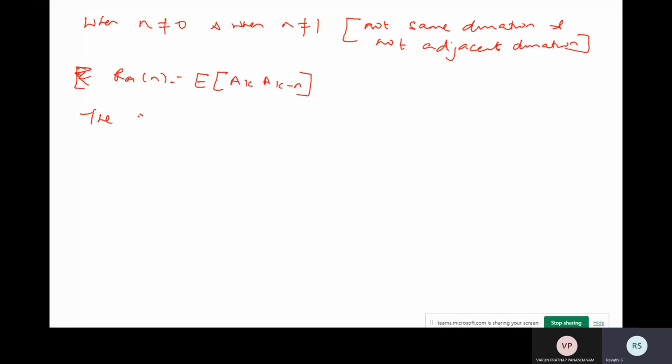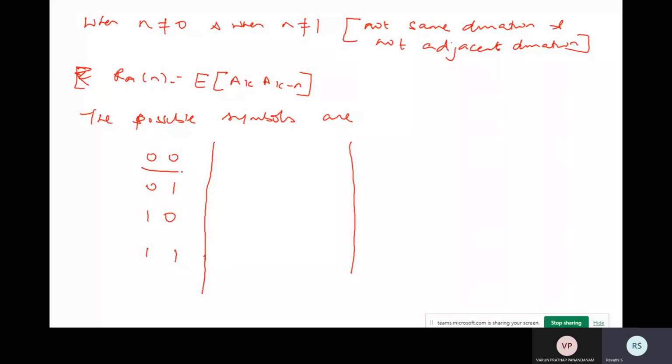So how many possible combinations will you have? The possible symbols are 0, 0. Okay, here again let me write it as a table. 0, 1, 1, 0, 1, 1. Okay, so for 0 and 0, the level is nothing but 0 and 0 only. For 0, 1, the first duration is 0, but the second duration is 1.